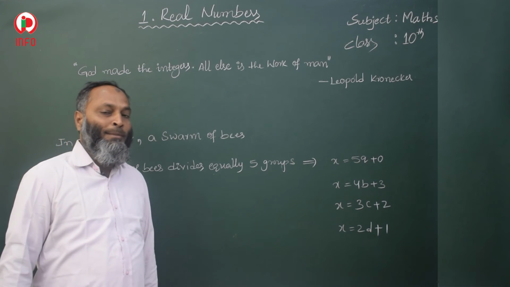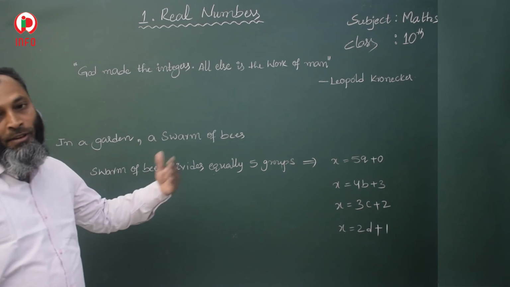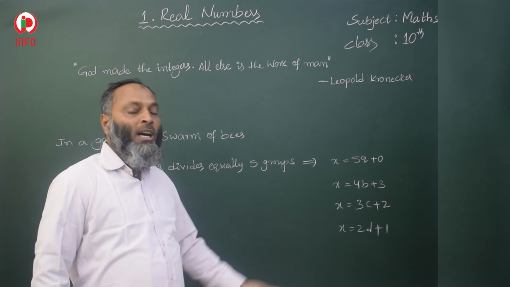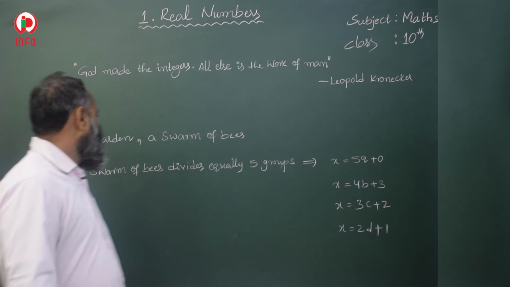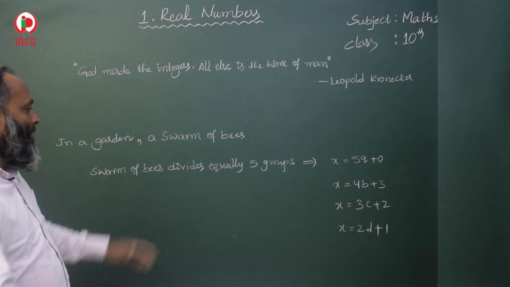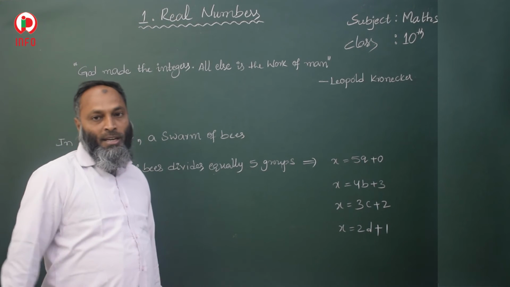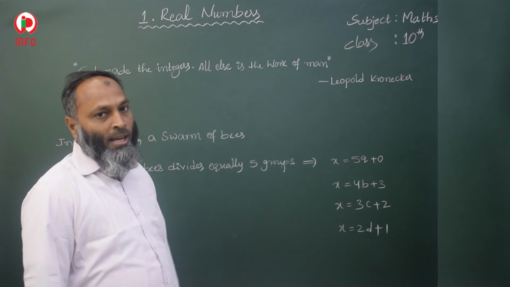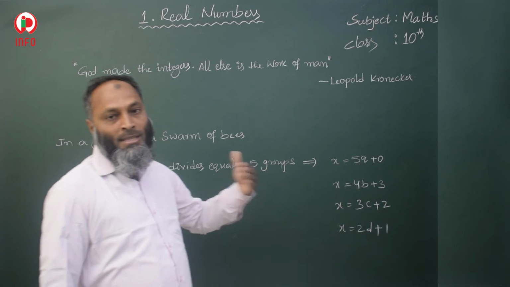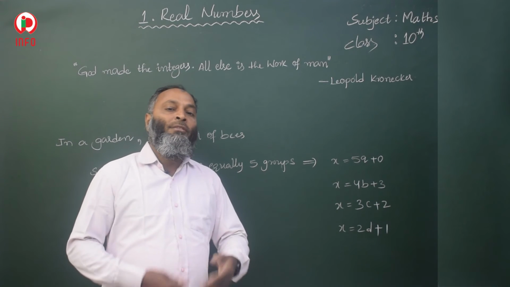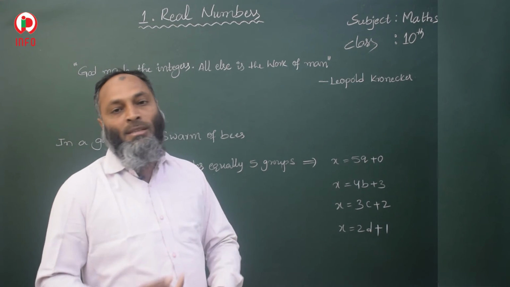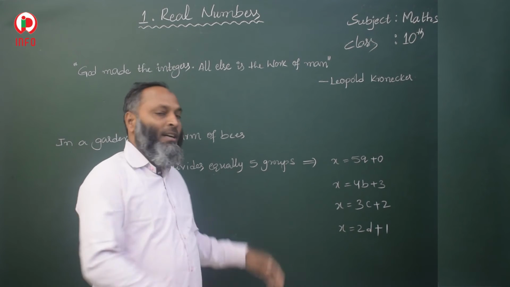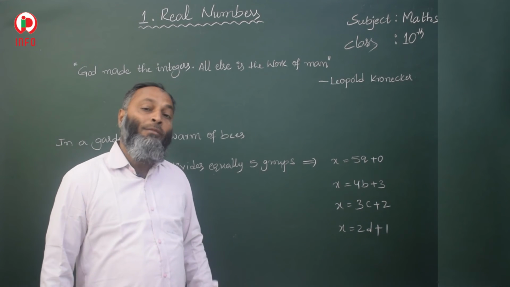So what is the example? See here, something we generally use in our daily life. In a garden, a swarm of bees was there. This is one kind of puzzle, and we use puzzles in our daily life too.